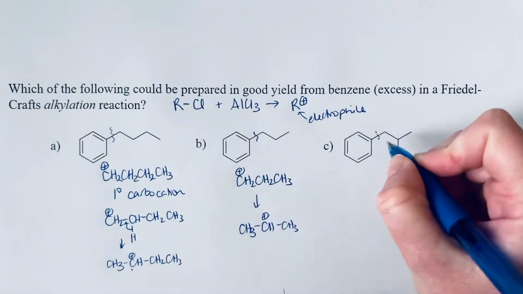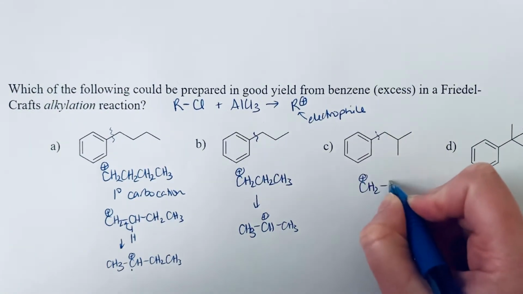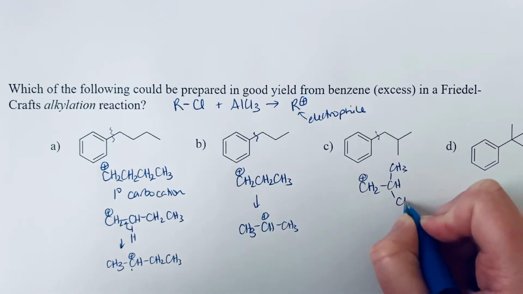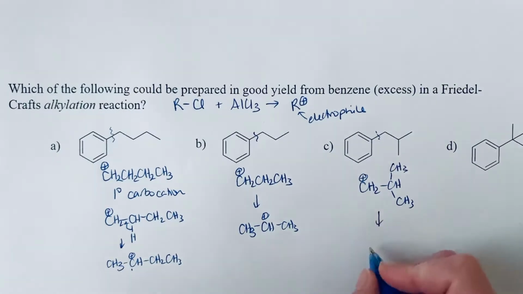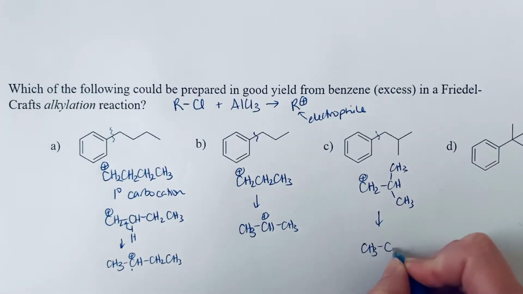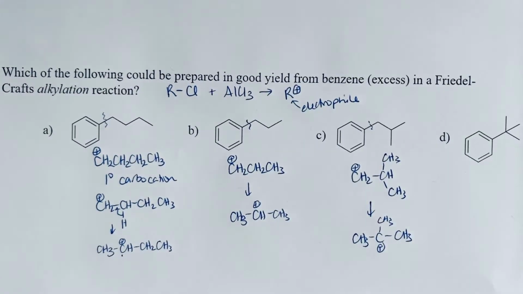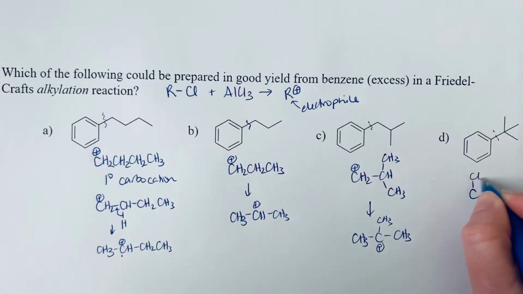Here in C, this would again require a primary carbocation, and this would also rearrange right away because we've got this tertiary center next door, so that would rearrange to give you this tert-butyl cation, which of course is stable, and that happens to be the carbocation that would be required in this last one.